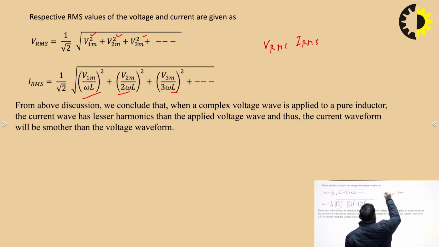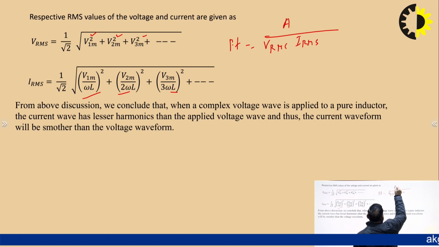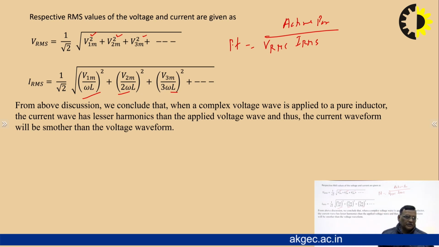So if you calculate the power, then this is the active power upon VRMS and IRMS. So we can calculate the power factor in case of the non-sinusoidal periodic waveform by using this.